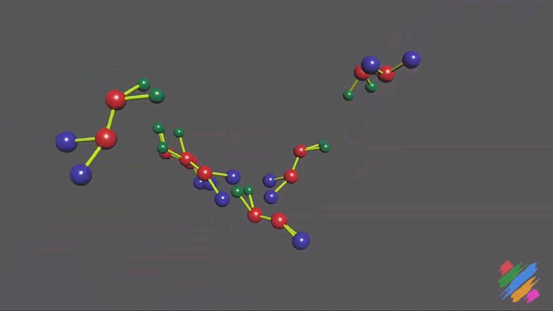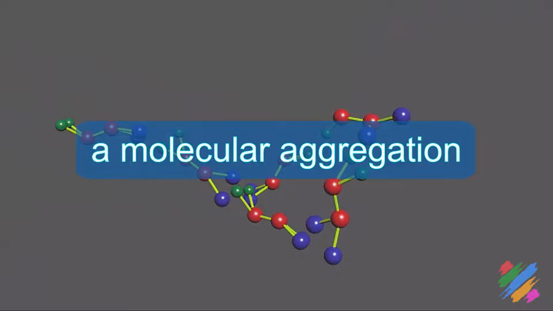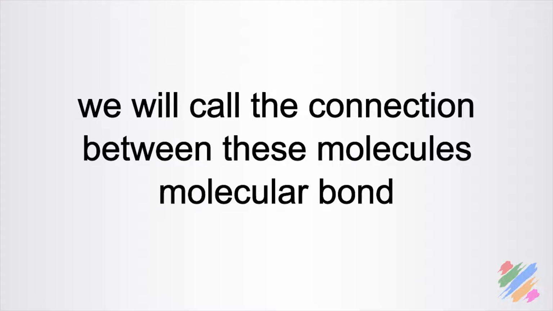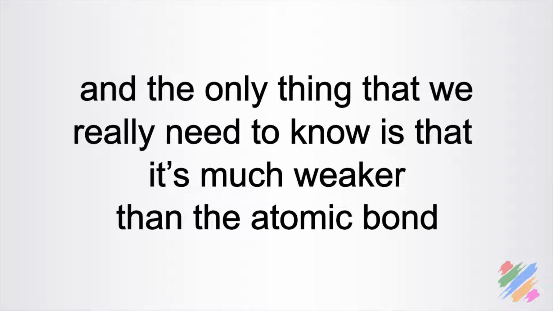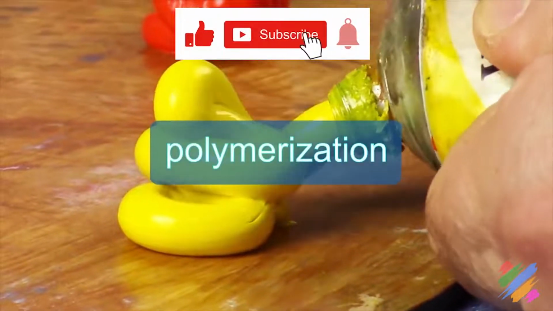While when two or more molecules join together, they give origin to what we will call a molecular aggregation. We will call the connection between these molecules molecular bond, and the only thing that we really need to know is that it's much weaker than the atomic bond. That's it. Let's go back to our oil painting polymerization now.